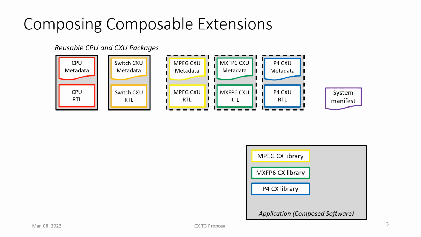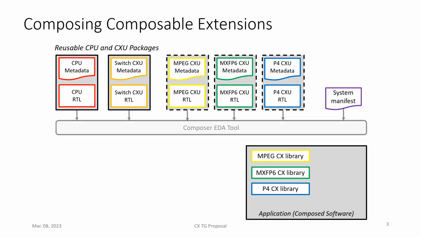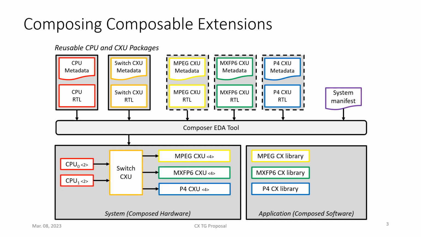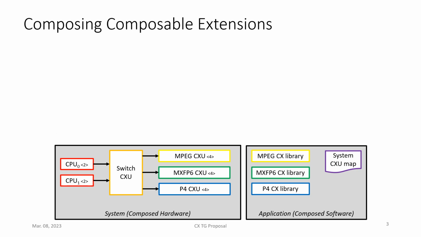A system manifest configures the system with a specific set of CXUs. Then a composer tool generates a processor complex, including the specified CXUs and interconnect. The composer tool also produces a system CXU map, possibly part of the device tree, indicating which composable extensions are implemented by CXUs in this system.